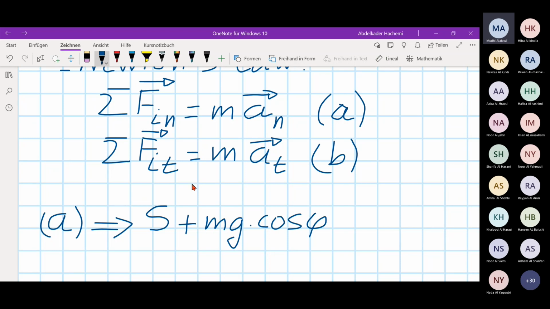Okay, this is equal to the mass multiplied by the acceleration, or let's say the magnitude of the acceleration in normal direction, a n.